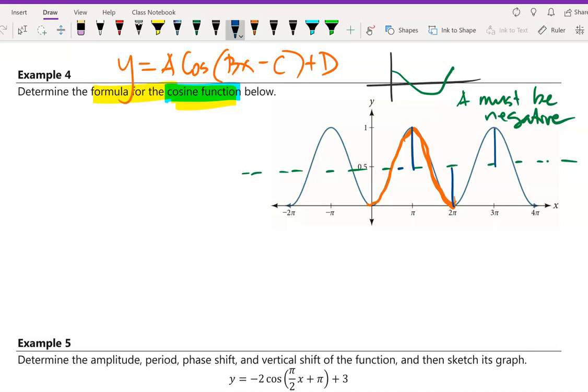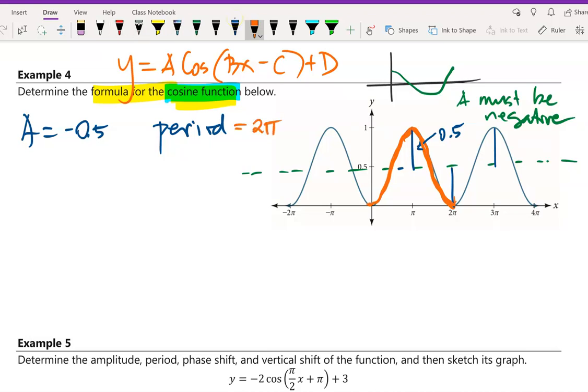So these are the amplitudes. And what is this? From 0.5 to 1. Yes, that is 0.5. So A is 0.5 and it must be negative. Then the period: look at this graph of cosine, that is from 0 to 2 pi. So the period is 2 pi.